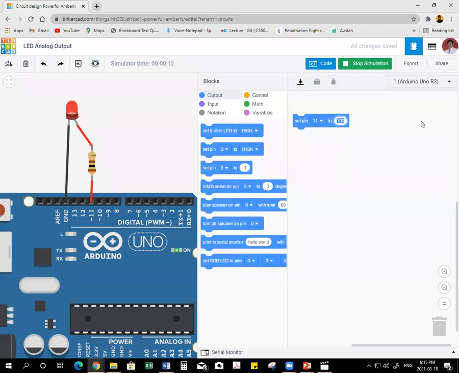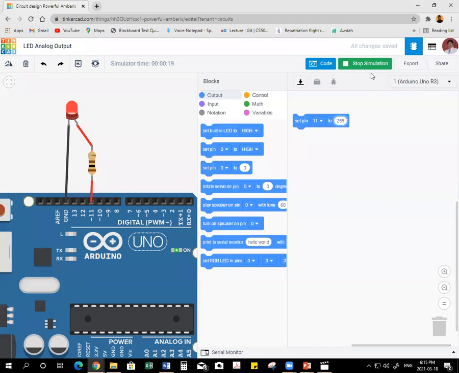If you use 255, it is much brighter, means maximum brightness will come with the number 255. Just remember this. You can get the maximum brightness with 255, and minimum brightness, or we can say off, with 0.